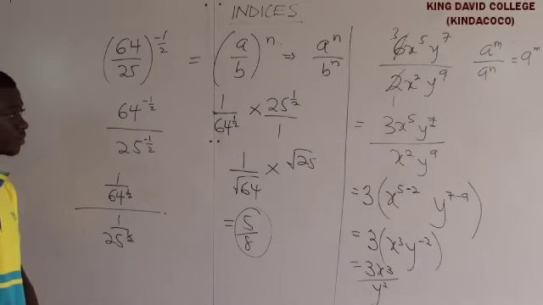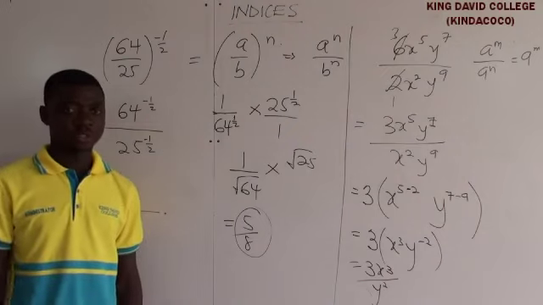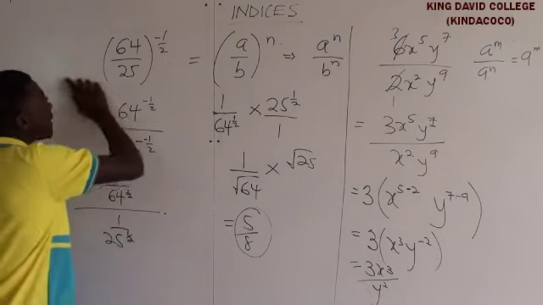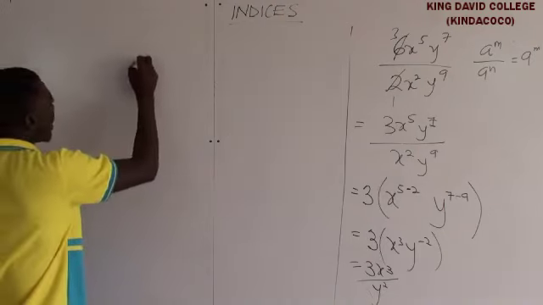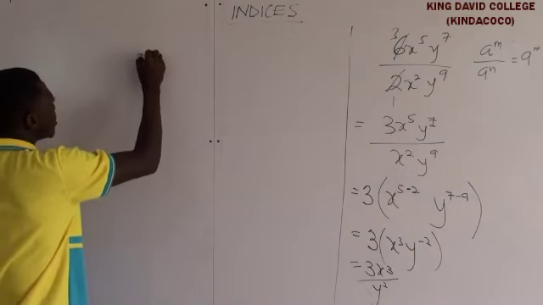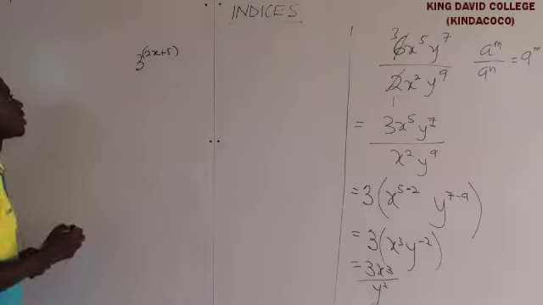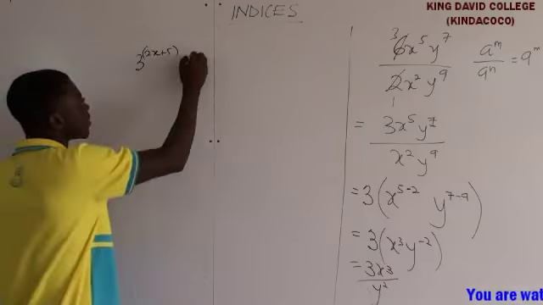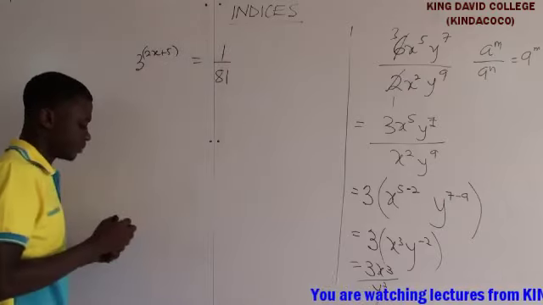So these are some of the questions. Now let's look at another one. Let's suppose I'm giving you 3 to the power 2x plus 5 equals 1 over 81.